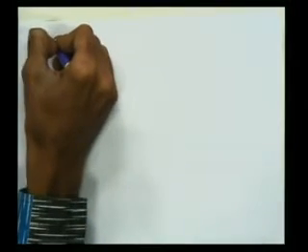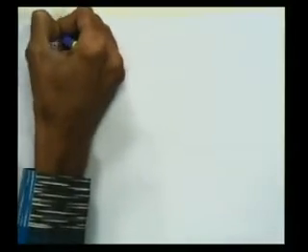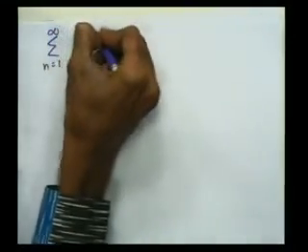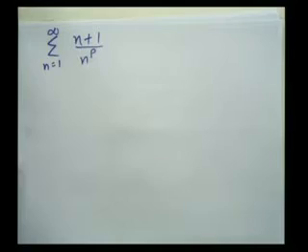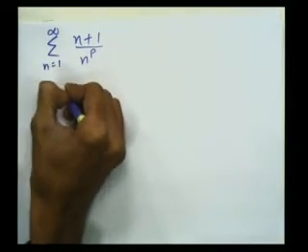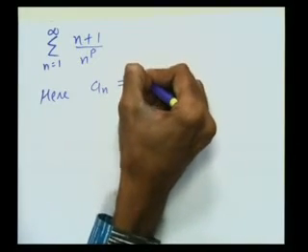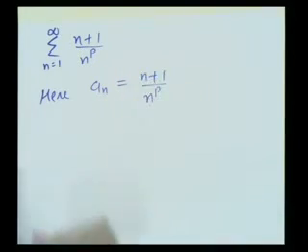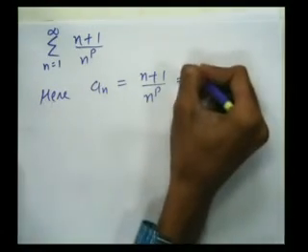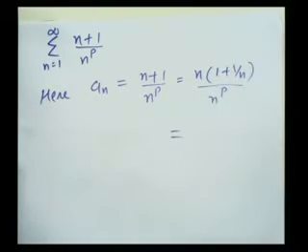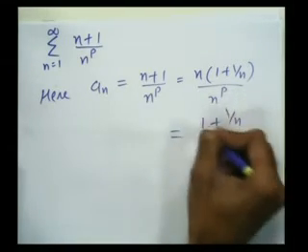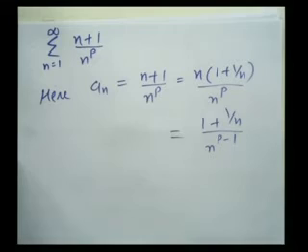Take the convergence of sigma n equal to 1 to infinity of (n plus 1) upon n raised to P. Okay, so here an is equal to (n plus 1) upon n raised to P, and if we take n common here, we get n(1 plus 1 by n) upon n raised to P, which is equal to (1 plus 1 by n) upon n raised to P minus 1.